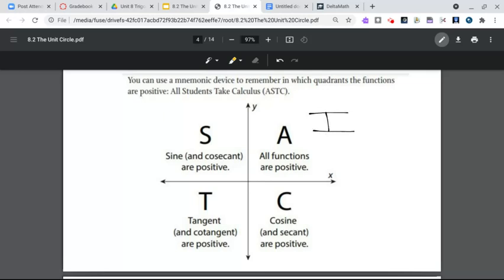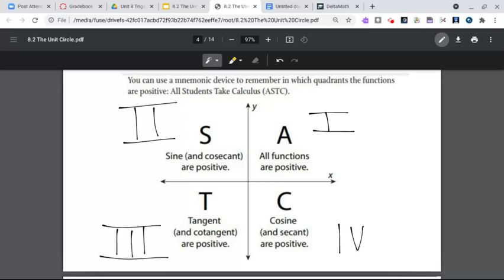In quadrant 2, sine and its reciprocal function are positive, sine and cosecant. In quadrant 3, tangent and its reciprocal function, cotangent, are positive. And in quadrant 4, cosine and its reciprocal secant are positive.